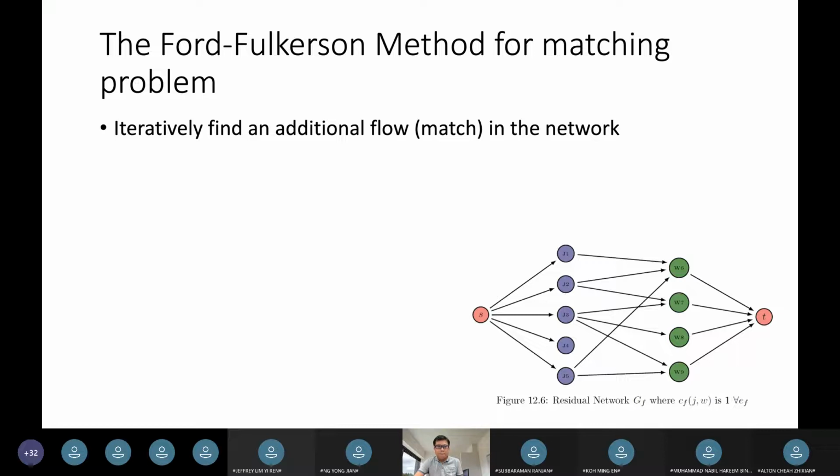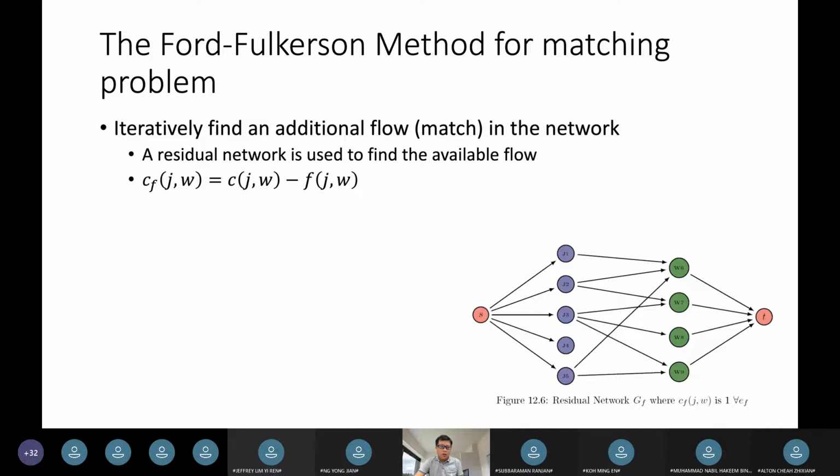So this Tuesday we also learned about the Ford-Fulkerson method. It is about finding additional flow in the network using the residual network. The flow in the residual network we calculate as the capacity of the original network minus the flow we found.